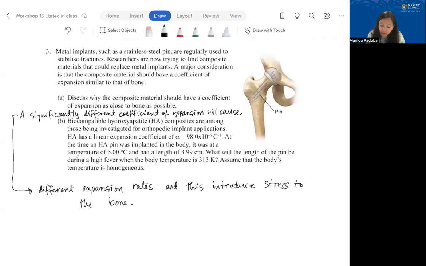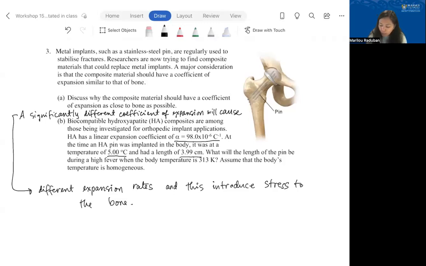All right, and the next question here, we have a composite material, biocompatible hydroxyapatite, HA. It's being investigated for orthopedic implant applications. Its linear expansion is close to that of bone, and the coefficient of linear expansion is given here, 98 times 10 to the minus 6 per Celsius. So at the time the HA pin was implanted in the body, the temperature was 5 degrees Celsius and the length was 3.99 centimeters.